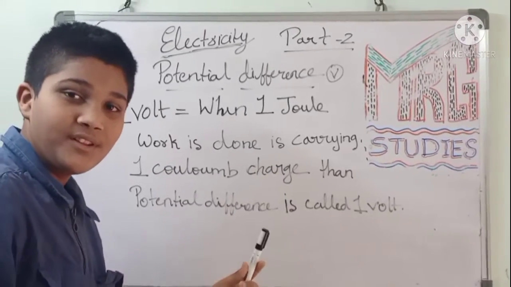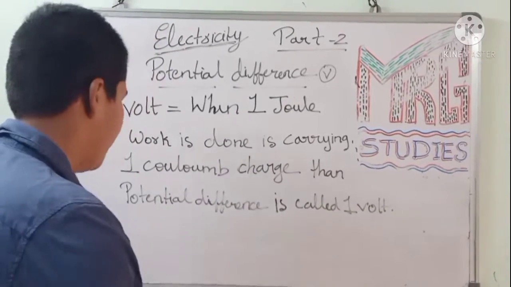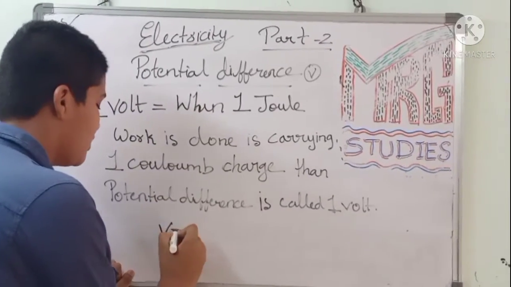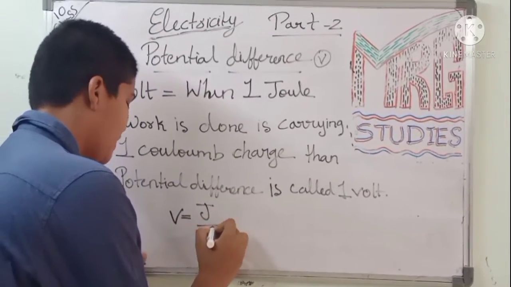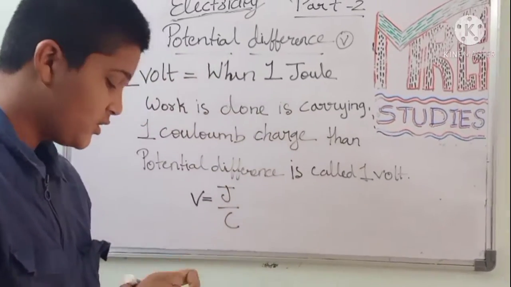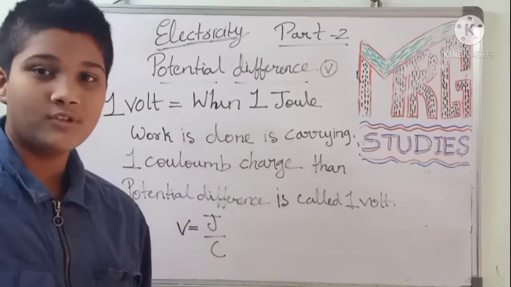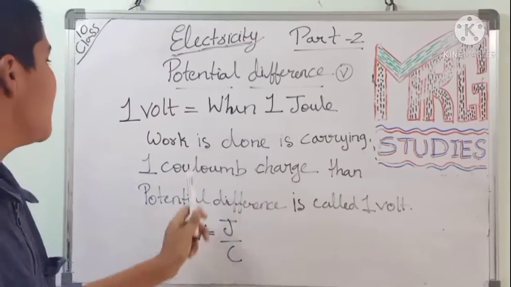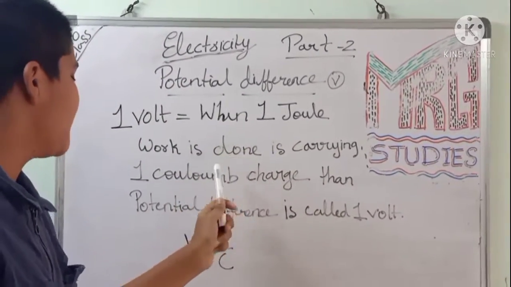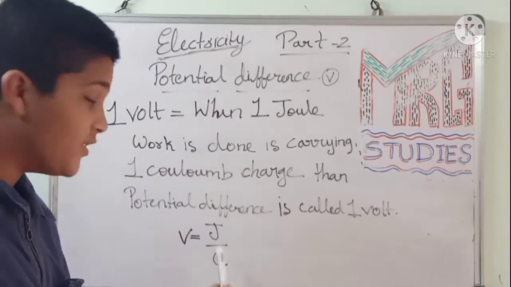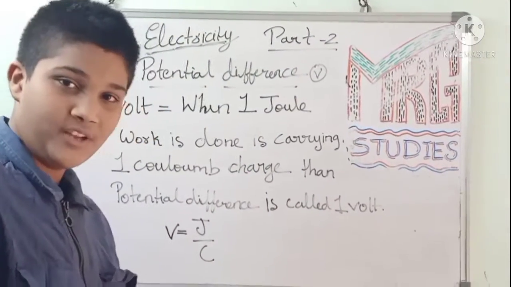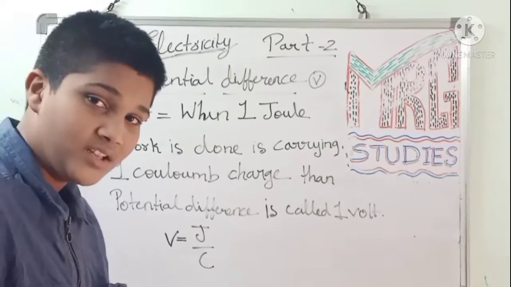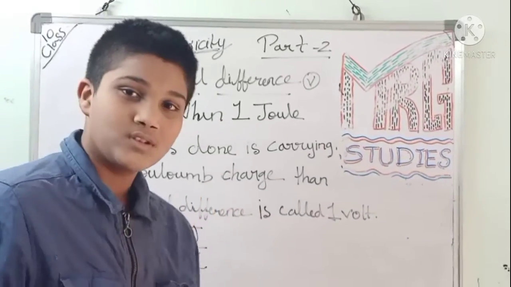I can explain this in a formula: V, meaning volt, equals joule by coulomb. This coulomb is the SI unit of charge. So 1 joule of work is done in carrying 1 coulomb. We can use these formulas in numerical questions.